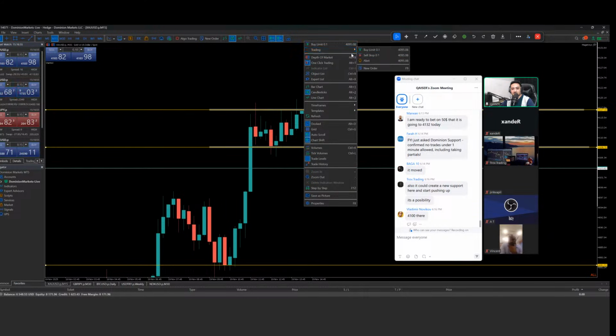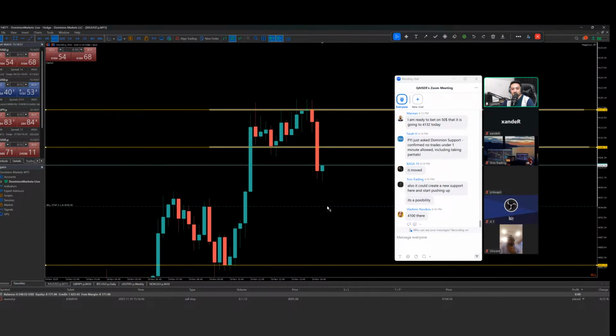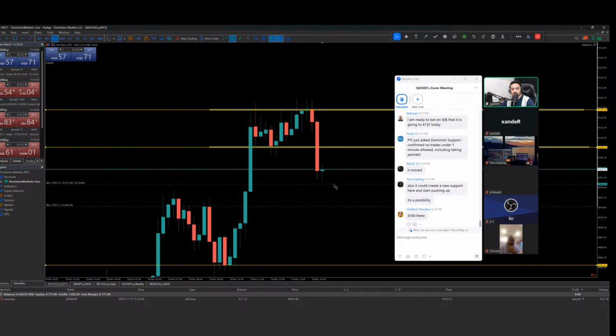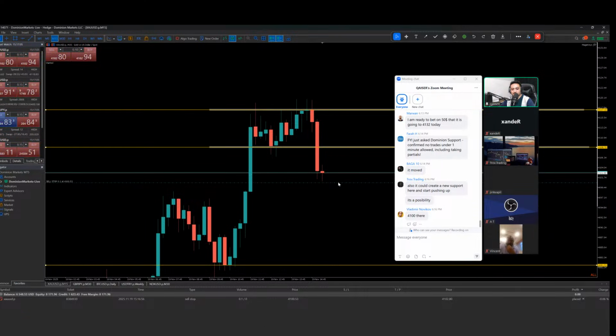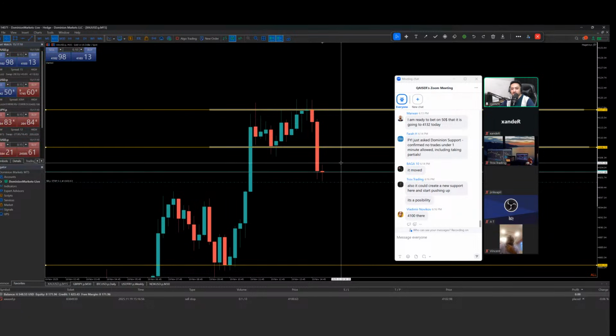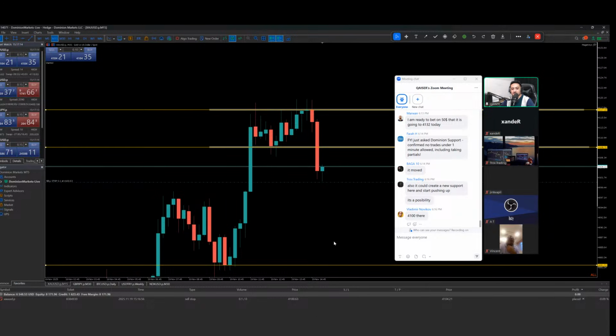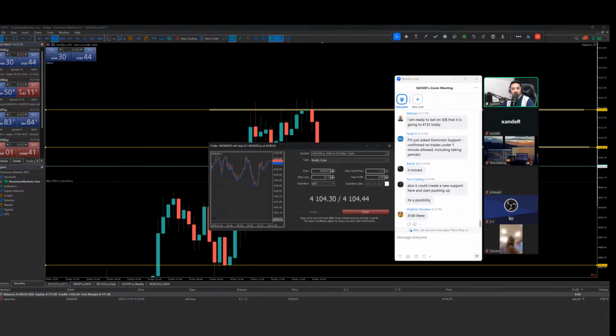Let me just put a sell stop, see if it could help me out here. And stop loss could be 4105. Mm, let's see.